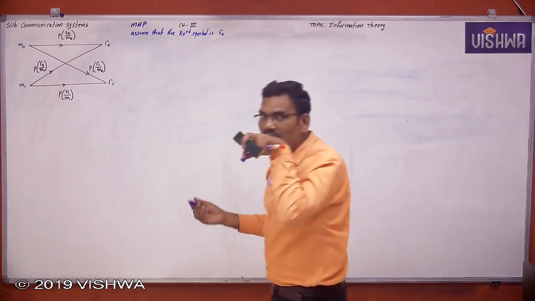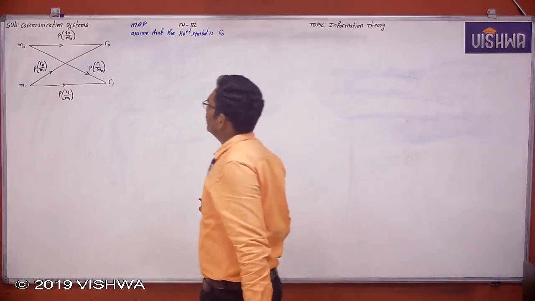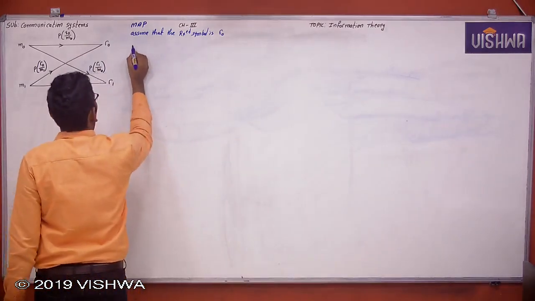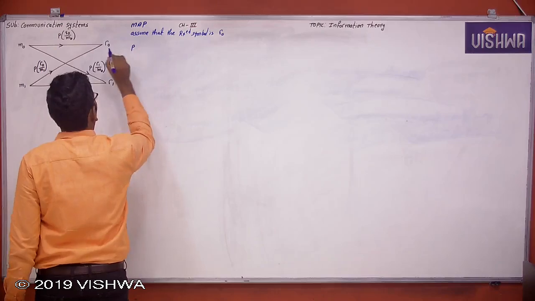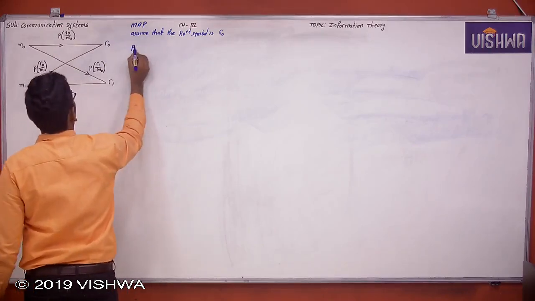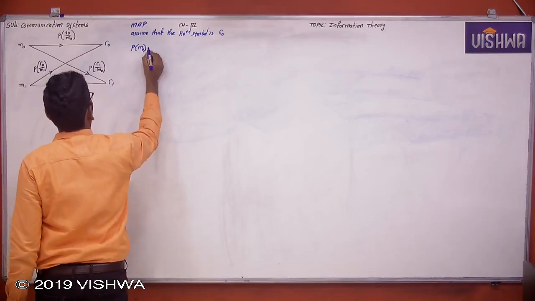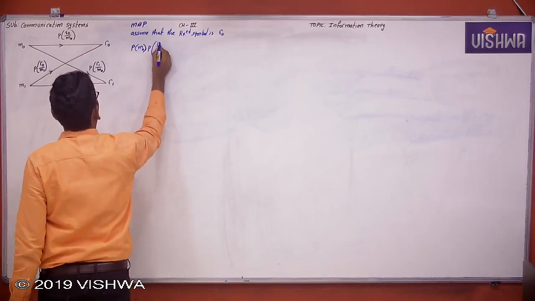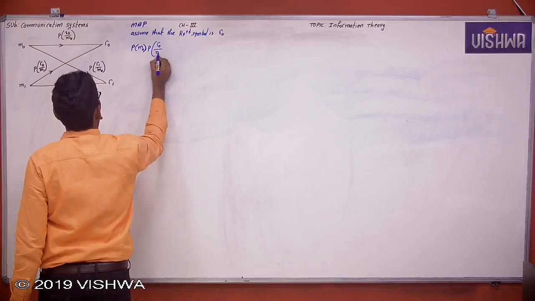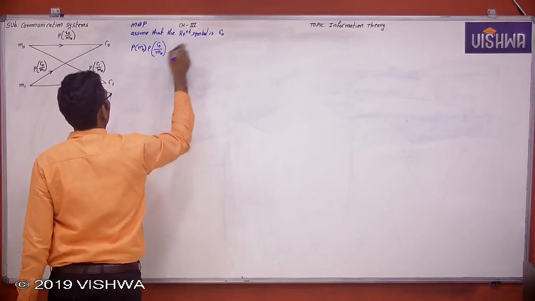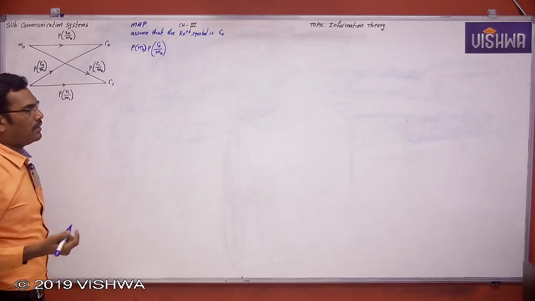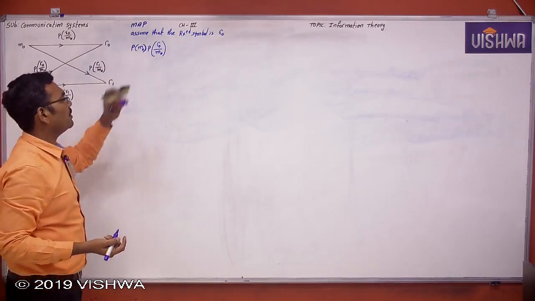For getting R0, the received signal is R0. This is the condition, right? Now, when actually R0 is received, when M0 is transmitted, the probability of the symbol transmitted is M0, and the probability of symbol R0 being received when M0 is transmitted. This is the main one for the cause of R0. To receiving R0, this should be the main one.